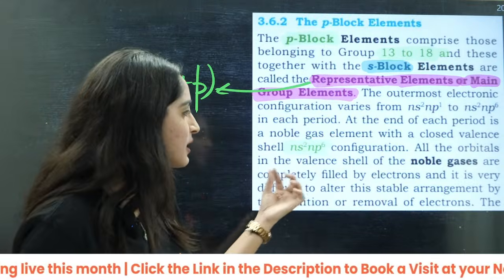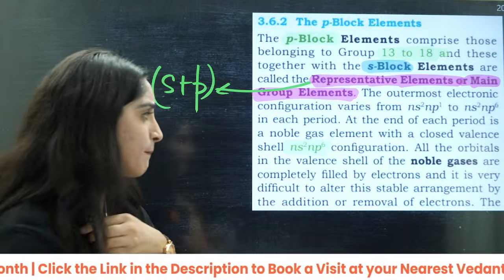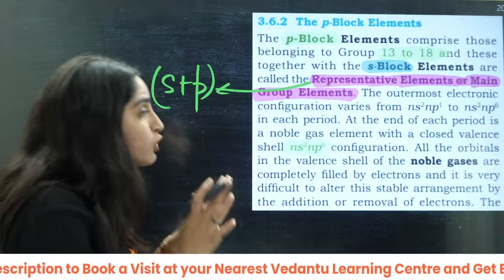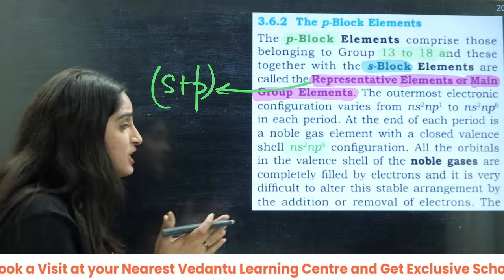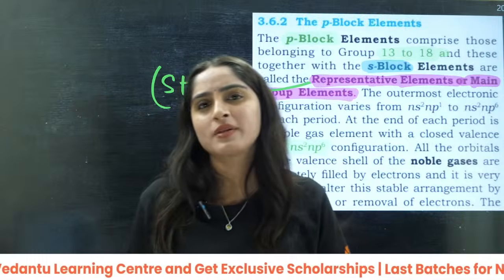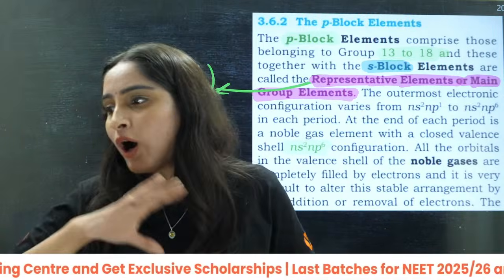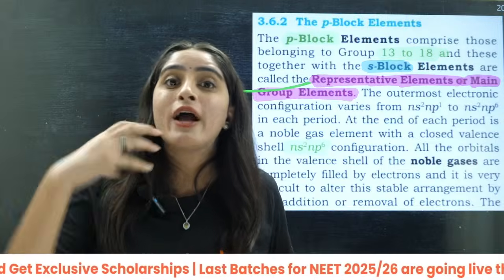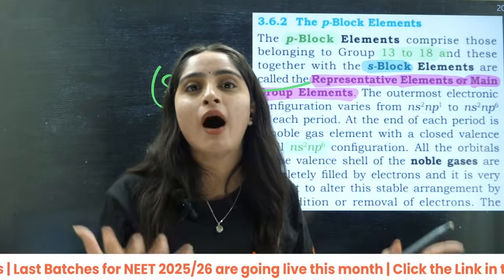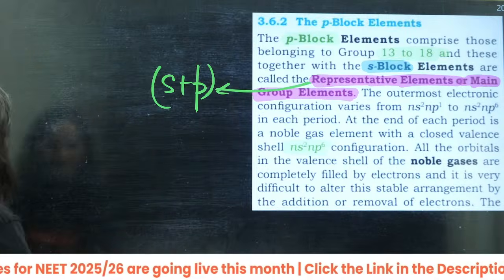All the orbitals in the valence shell of noble gases are completely filled by electrons. It is very difficult to alter this stable arrangement by the addition or removal of electrons. You can't alter the electronic configuration. That is why they are called noble gases, the Sant Mahatma, right? They are very stable, very happy.